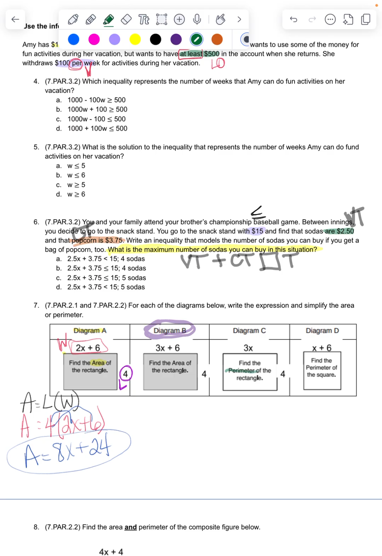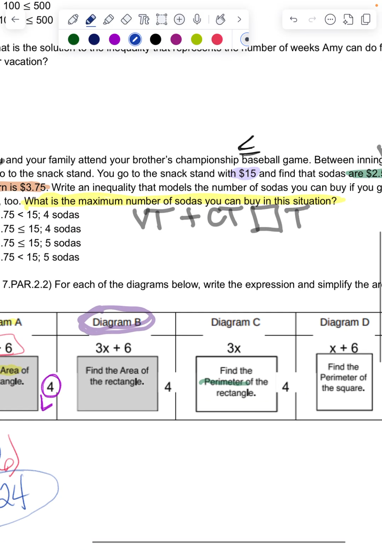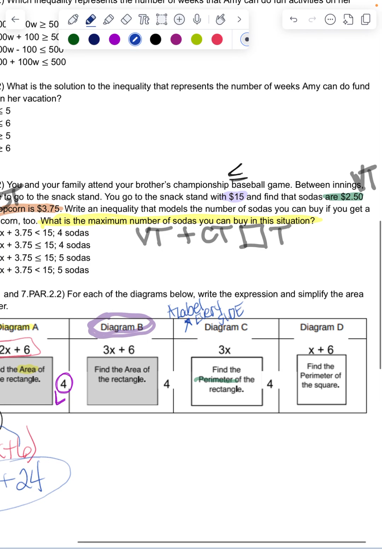Got to read real careful right here, the perimeter. When finding perimeter, you want to label every side first, okay?